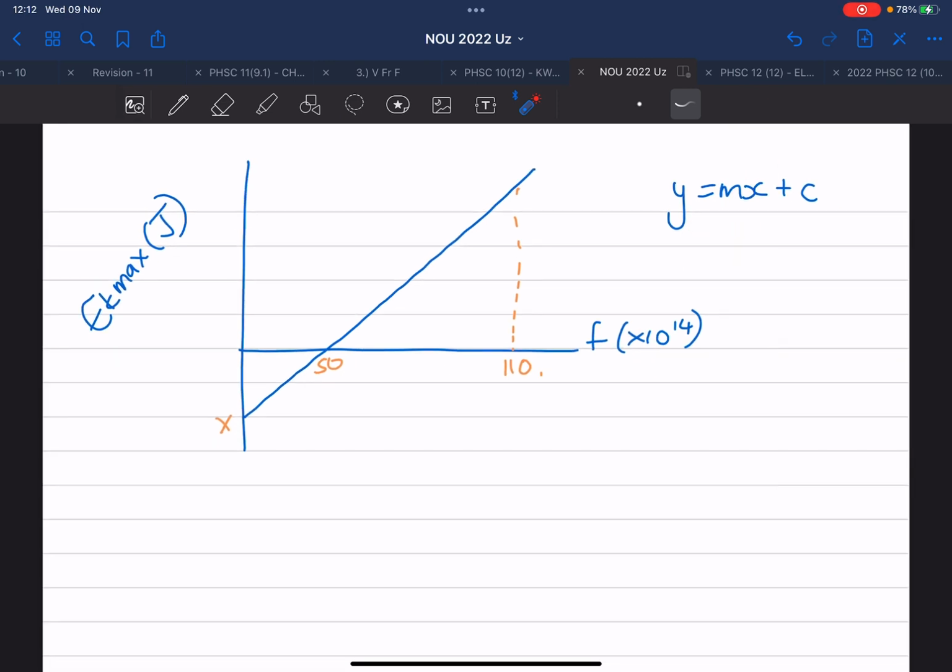Okay, goed. So ek gaan gou neersit. What is on my y-axis? Kinetic energy. My gradient, I don't know. What is on my x-axis? Frequency. And where does it cut my y-axis, my C-afsnit? It's negative. Okay. And what is x there?